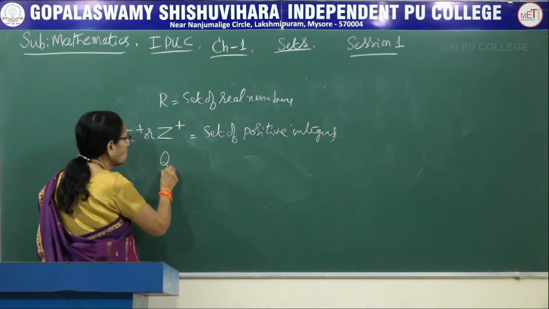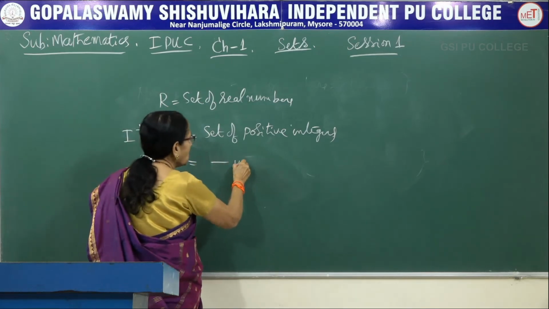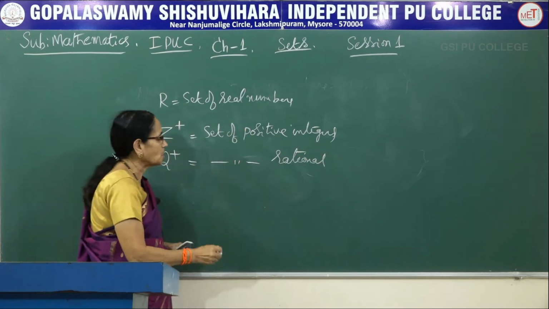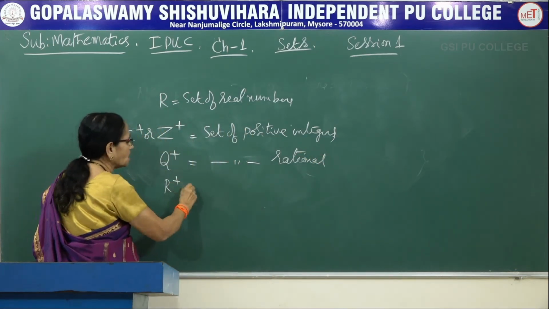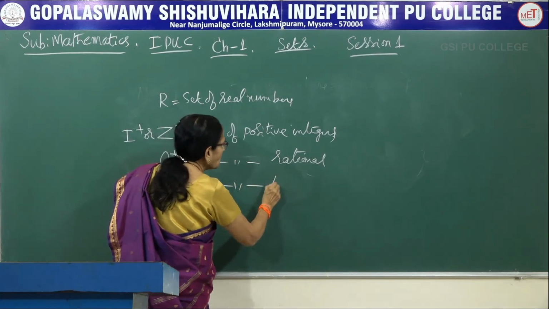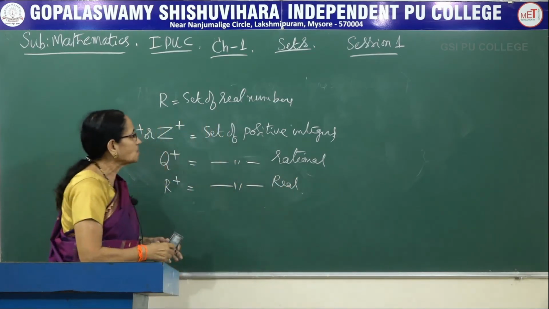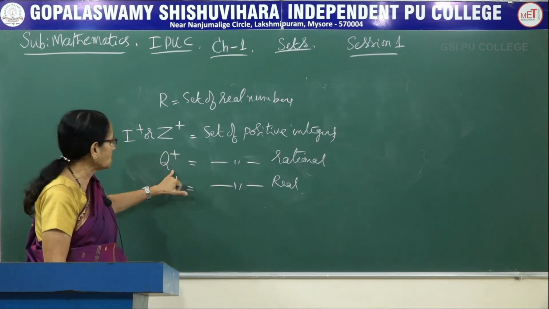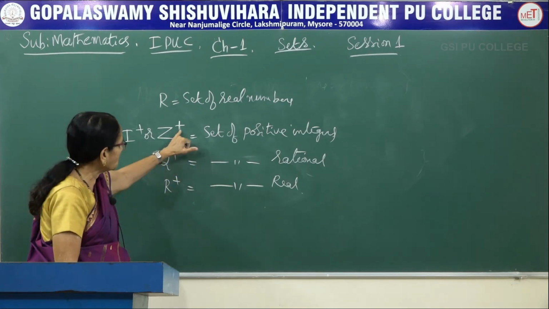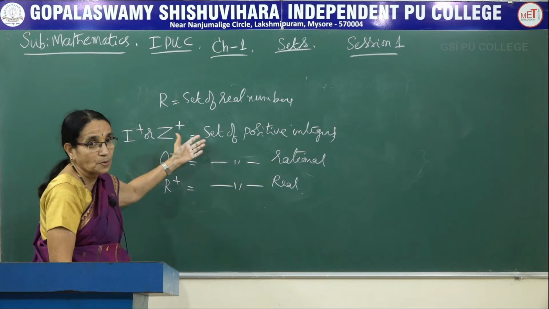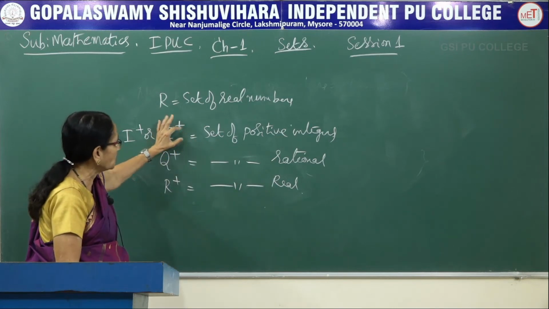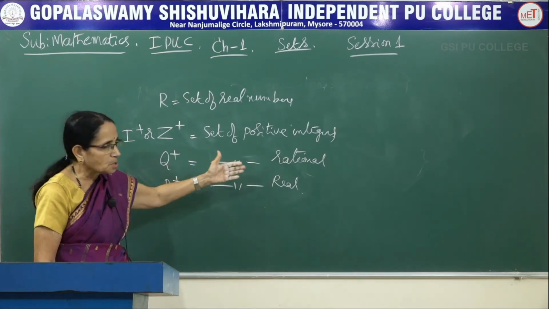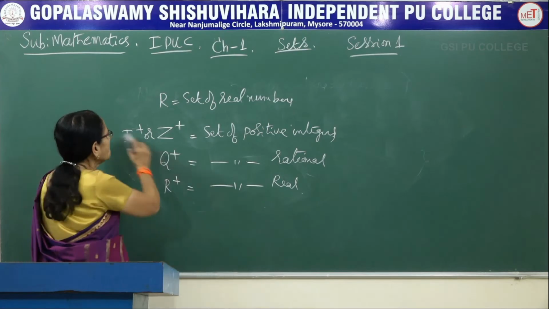Similarly, if I write Q plus, it is the set of positive rational numbers. R plus, if you write, it is the set of positive real numbers. So if you simply write Z, Q and R, it is the set of integers, rational numbers, real numbers. When you write this plus above, the superscript, we consider that set to contain only the positive integers, positive rational numbers, positive real numbers.